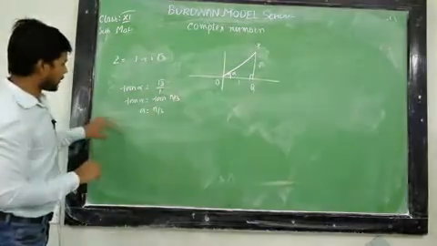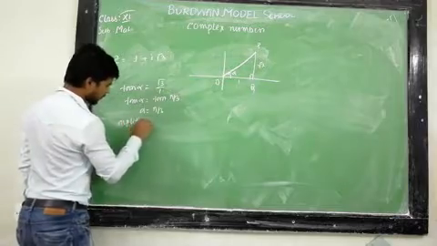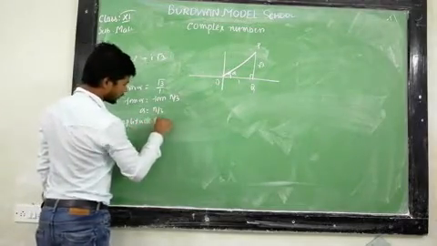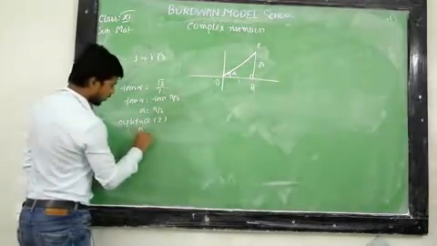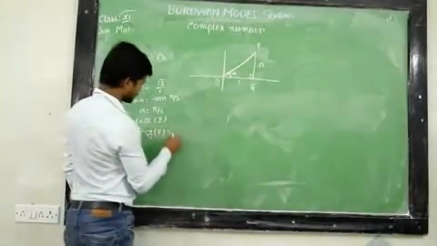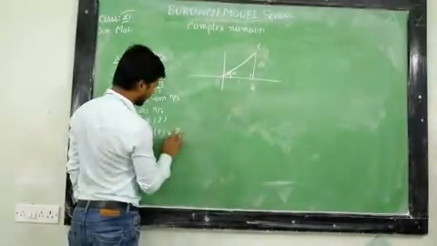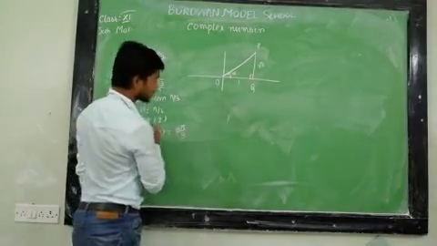So here the amplitude of z, or you can say the argument of z, is equal to theta, which is equal to alpha, pi by 3.